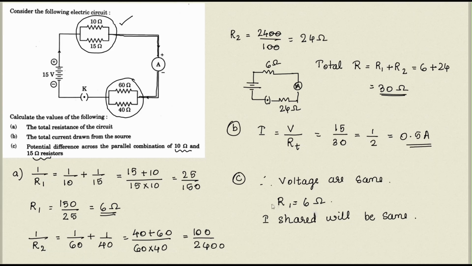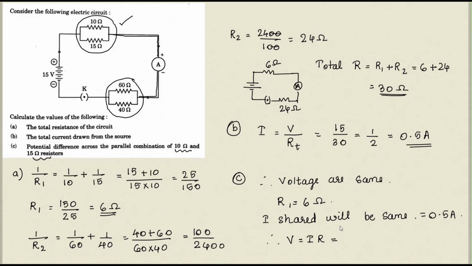Now they have asked us to find the voltage across 6 ohm. So the current across 6 ohm will be how much? It will be same as the total current in the circuit, that is equal to 0.5 ampere. Therefore, the voltage V is equal to, how we can find it? Current into resistance according to Ohm's law.